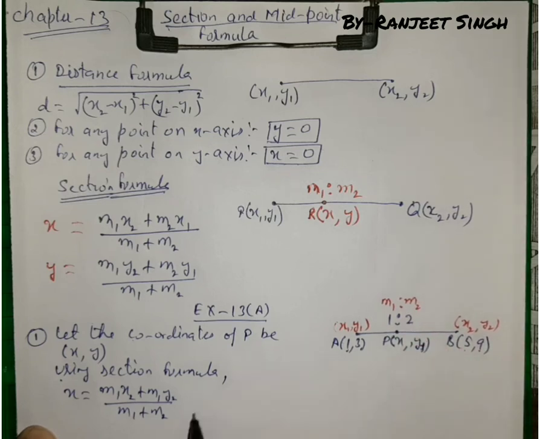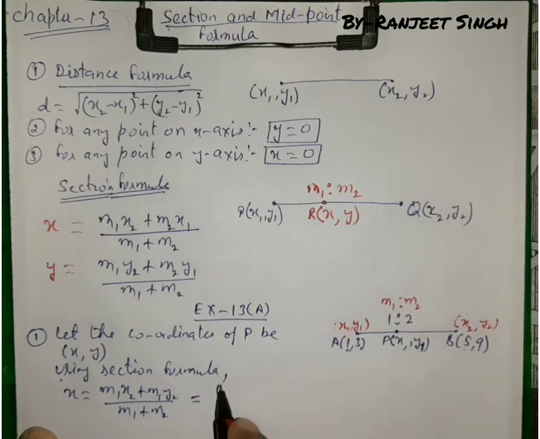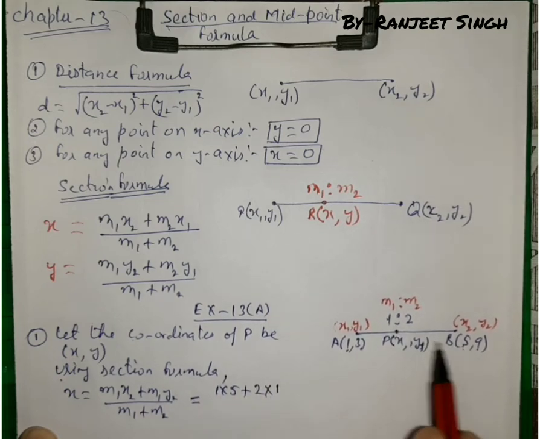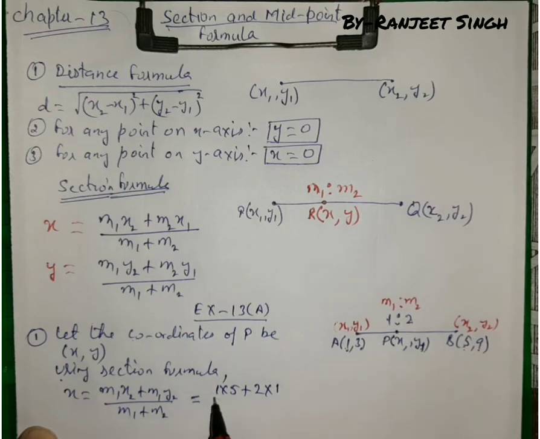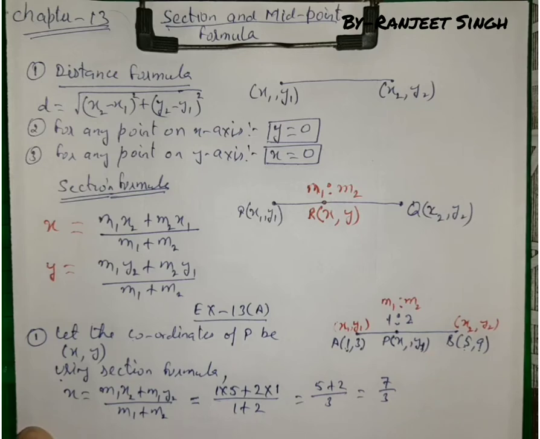Now using all these things, we get the coordinate of x: x is equal to 1 multiply 5 plus 2 multiply 1 over 1 plus 2. So 5 plus 2 over 3, that is equal to 7 over 3.